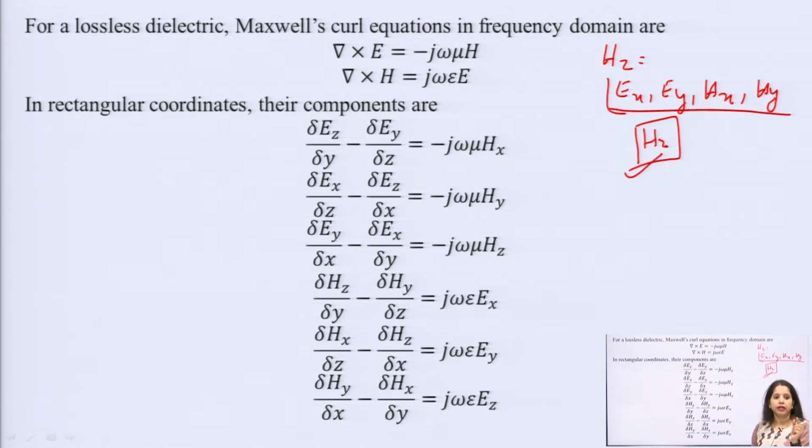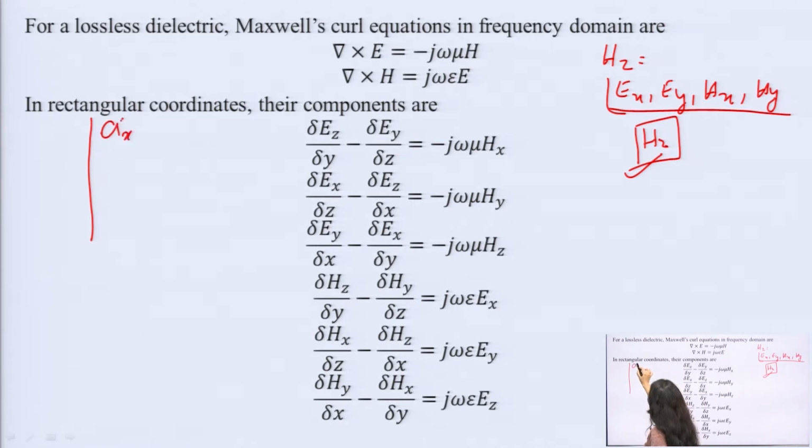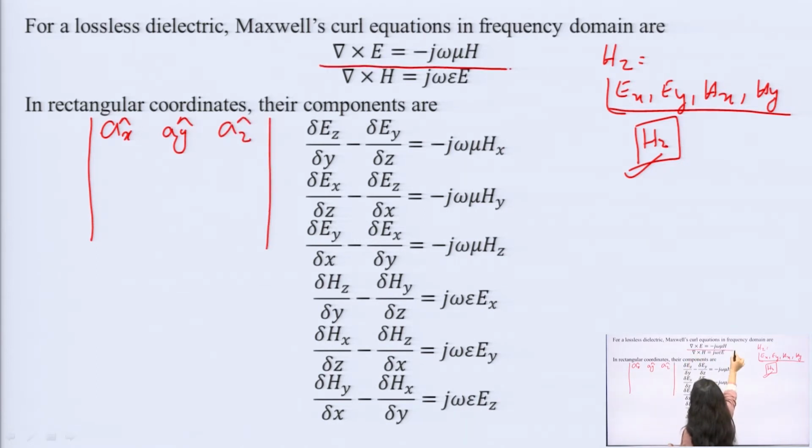So, for that I am writing the Maxwell curl equations. Del cross E is equal to minus j omega mu H, del cross H is equal to j omega epsilon E. These are the two curl equations of Maxwell. So, what we have to write? For simplicity, you can write it like this: Ax, Ay, Az. I am writing the expression of this one.